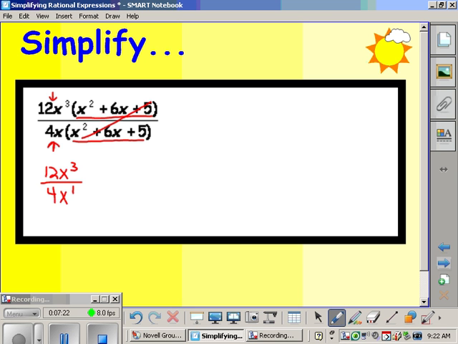Now in the denominator, I'm going to put a 1 with the x. Now the numbers, the 12 and the 4, you're just going to divide. Just pretend the variables are not there. And if you were just given the problem 12 over 4, hopefully you would recognize you would divide those, which would give you 3. For the x's, you're just subtracting those exponents, and it's x squared, which will go next to the 3. So this problem simplifies to 3x squared.